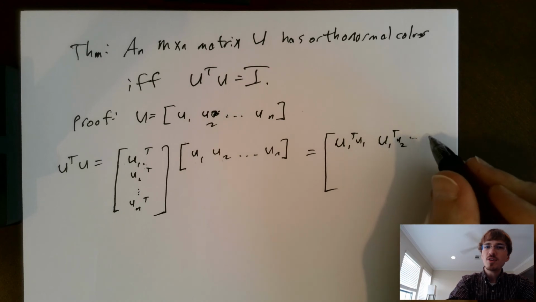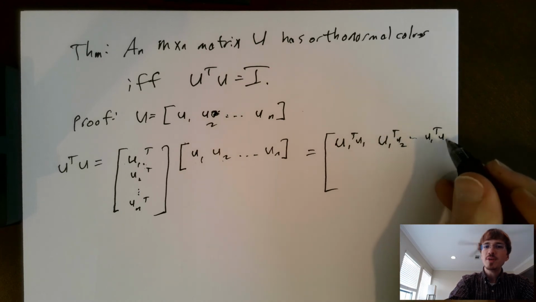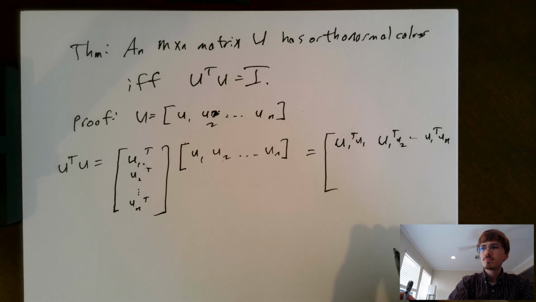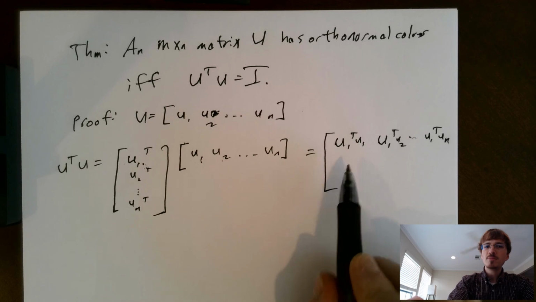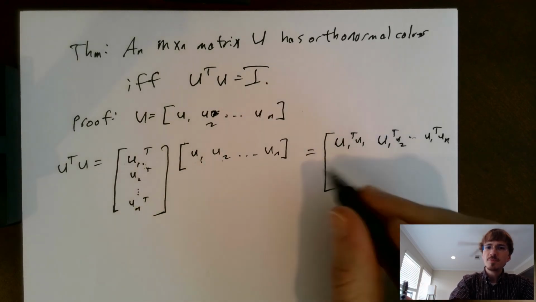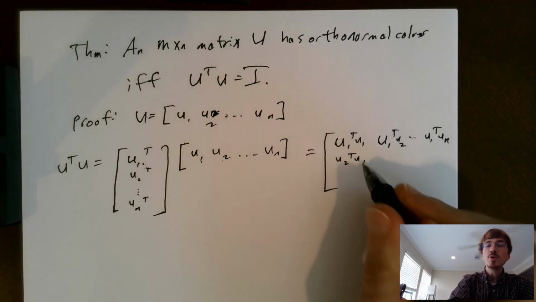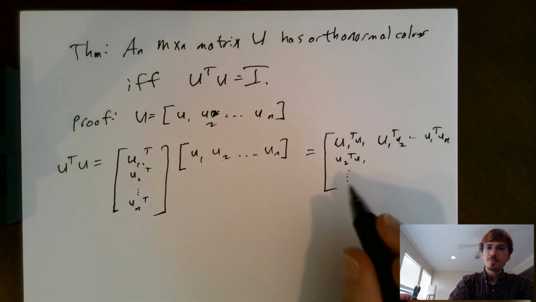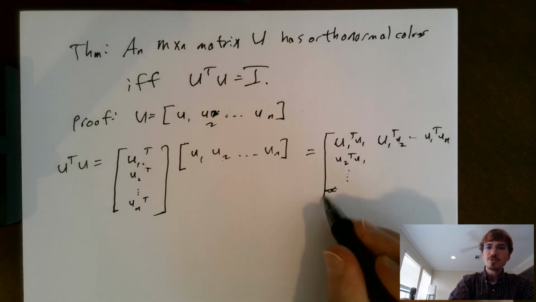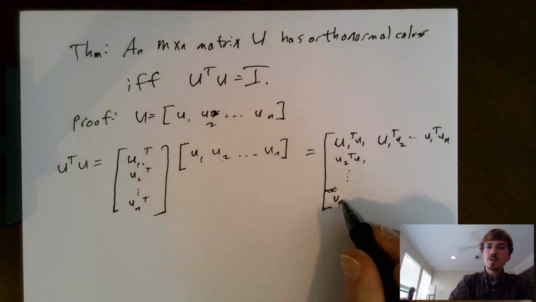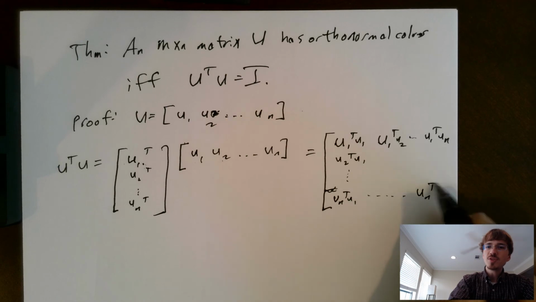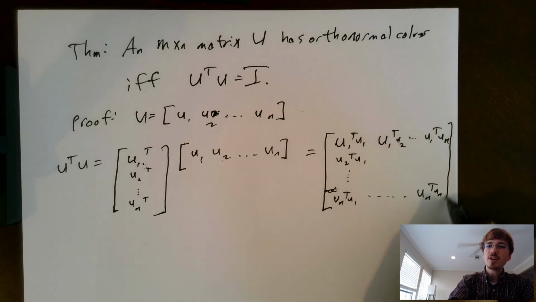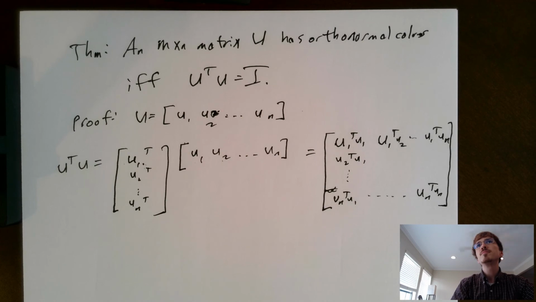And you continue all the way down until you hit U1 transpose times Un. What's in the second row, first column is the second row times the first column. So that's U2 transpose times U1, all the way down to, let me make my matrix bigger, sorry, Un transpose U1. And this goes all the way across to Un transpose Un. So you can fill up the entire matrix here. So let's see what's happening.